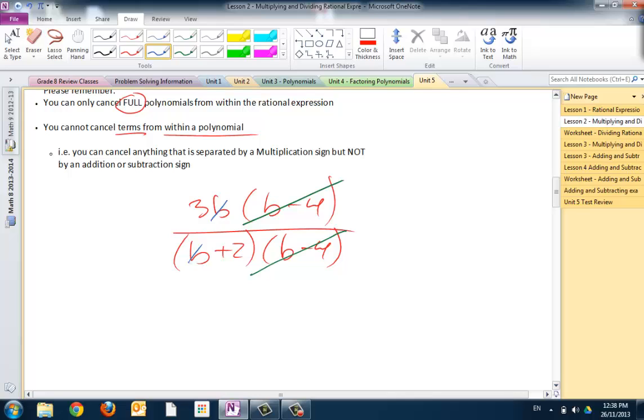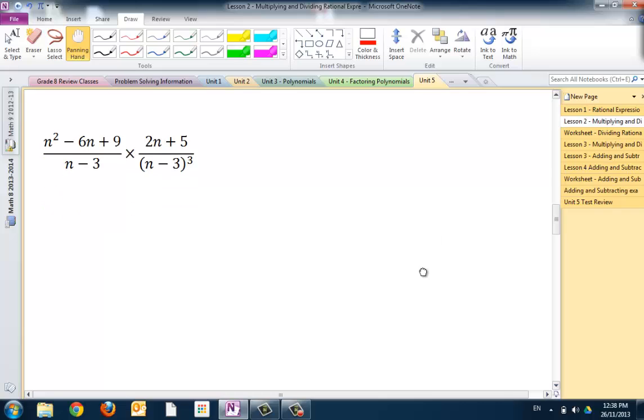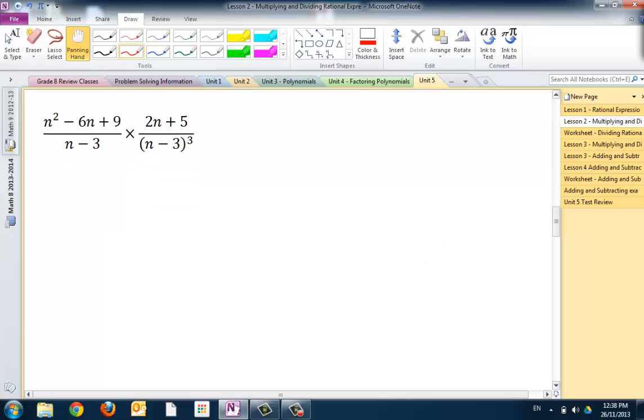That would be incorrect. So end result is, for this one, let's erase that, we would be left with 3b over b plus 2. Okay, so please remember that. Remember about the addition and subtraction signs. That's really important.